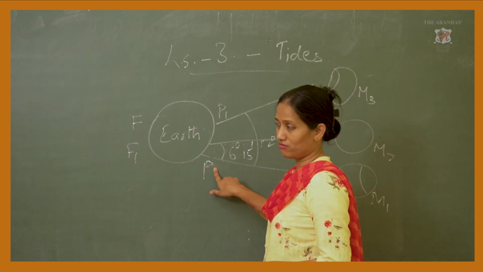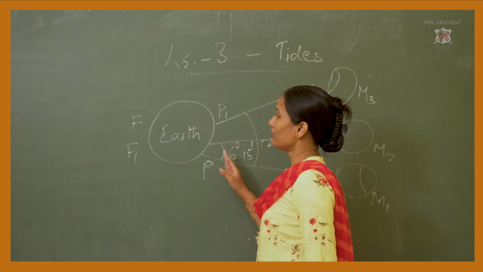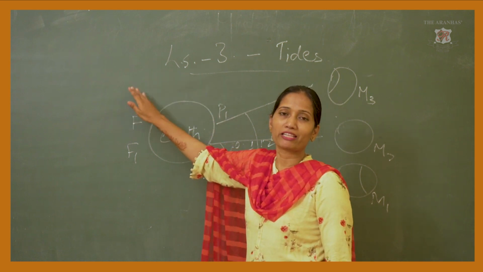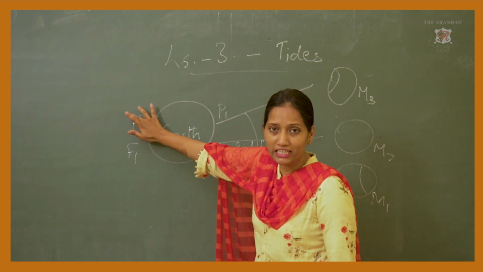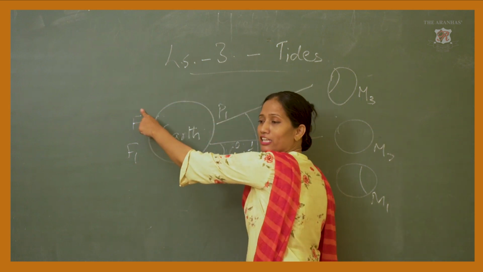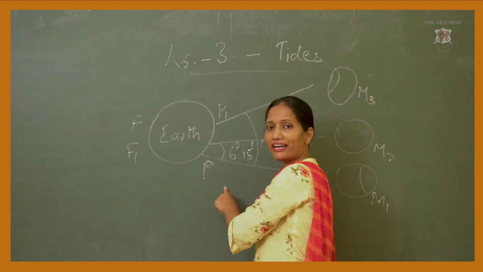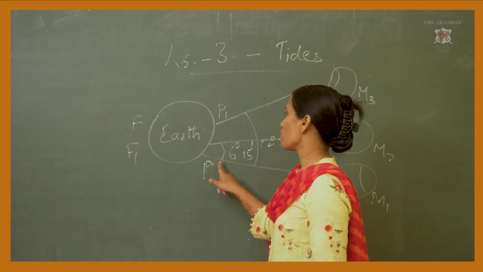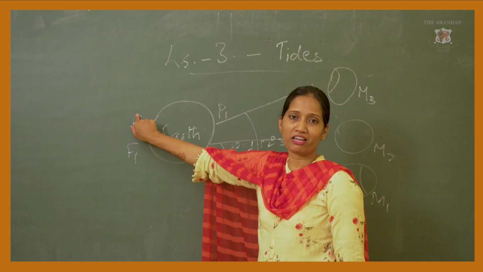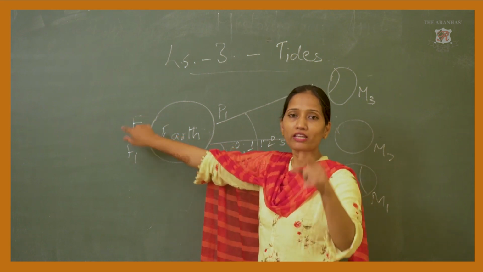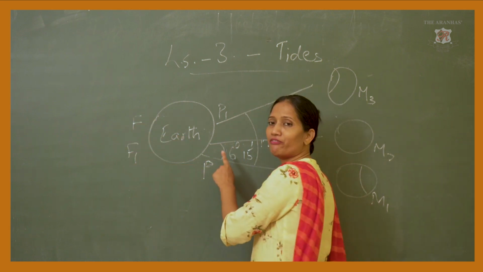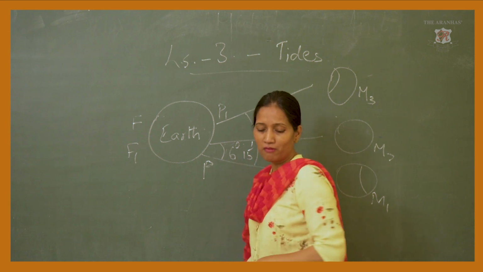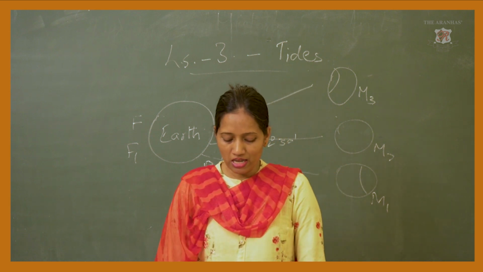So if it is 12 o'clock over here, it will be 12:25 over here by the time it experiences the same high tide which has occurred on point P. Okay.